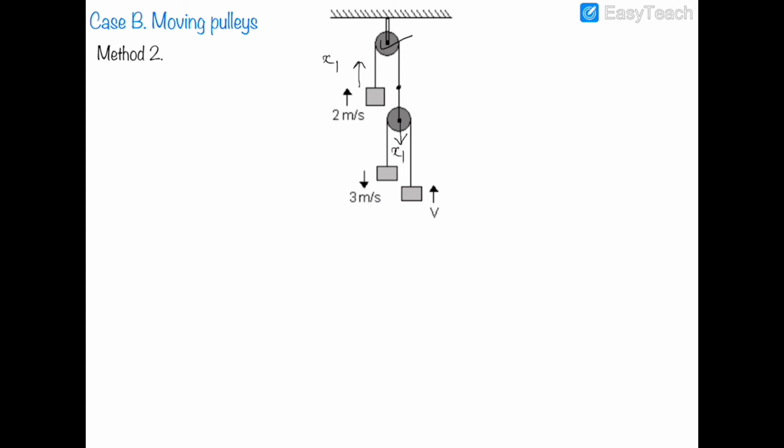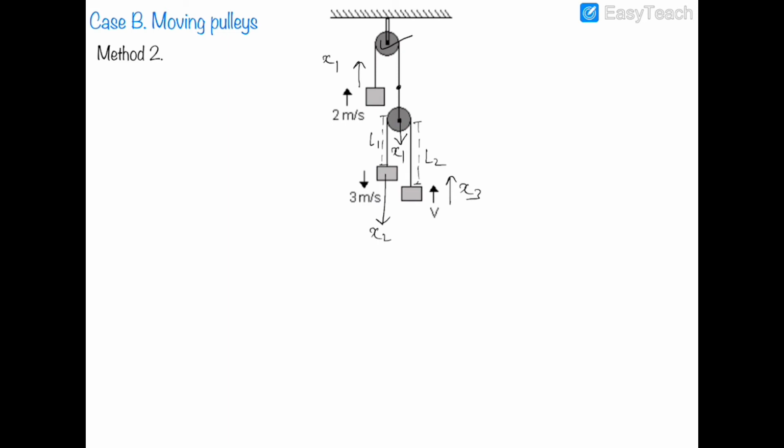Now let's suppose this length of the rope is L1, and this length of the rope is L2, and let's suppose that this block is moving downward by a distance of x2, and it moves upward by a distance of x3.